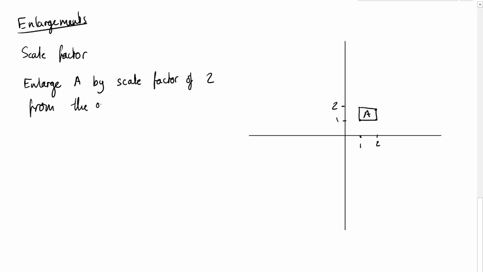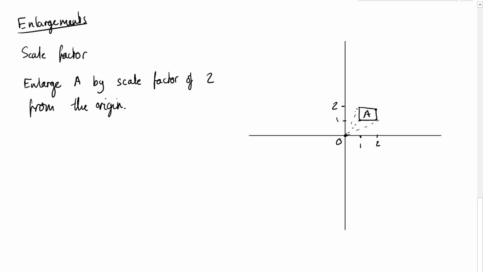Okay, so I do have a point that I have to enlarge from. So I'm enlarging from this origin here. So what that means is the reason we have a point is we have to double the distance from the origin to each of these points.